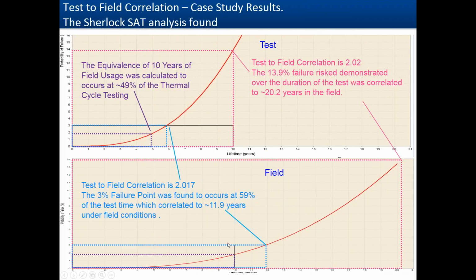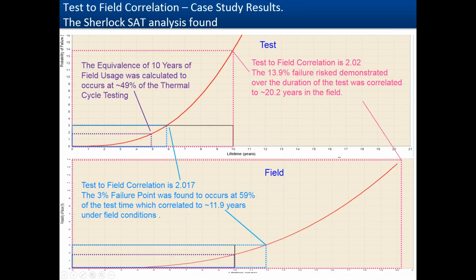So what that looked like was the life plots that we came out with under the test condition and the field condition. And we saw that under the test, we had a probability of failure of 13.8% at what was defined to be a 10-year life point. But when we ran that under the OEM's field definition, getting to 13.8% failure risk took us to 20.2 years, not 10.